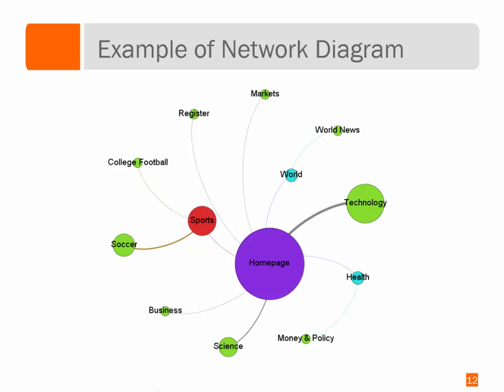We see a very thick line there, which is communicating to the audience that there's a much stronger relationship between the home page and the technology page versus the home page and the business page, which has a much thinner relationship between them. So this is how our network diagrams are going to work in Gephi, and hopefully it gives you a feel for a good starting place using Gephi.